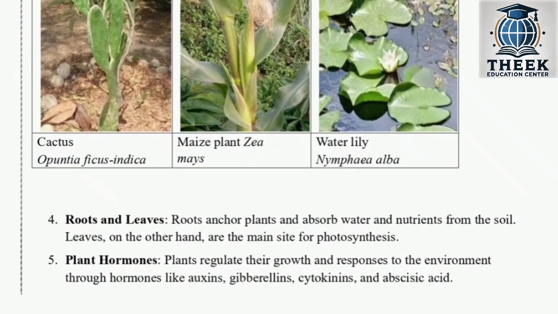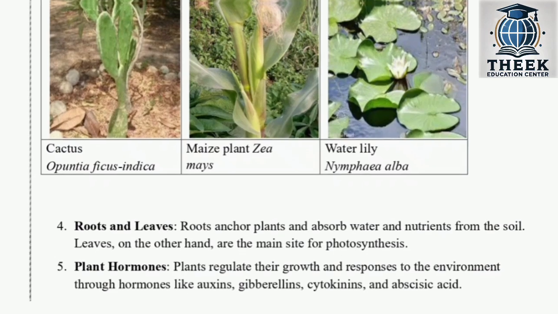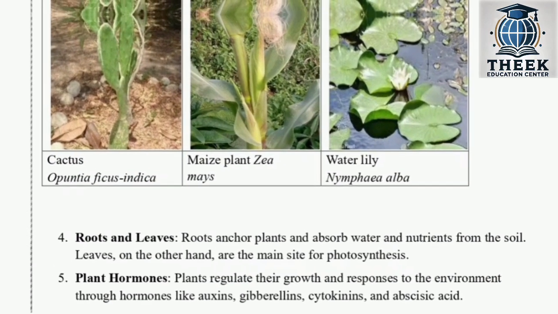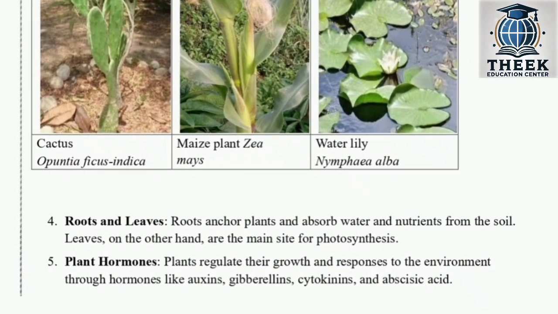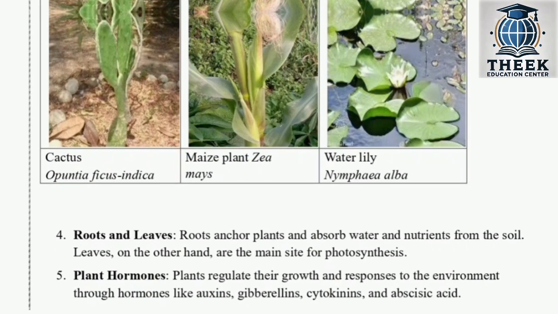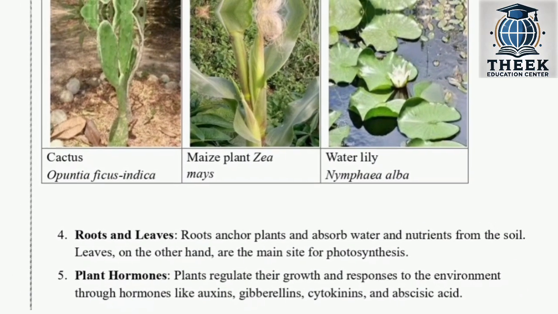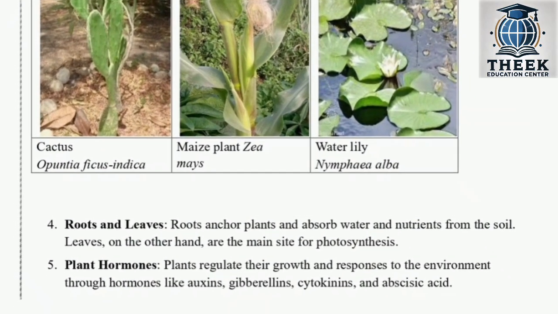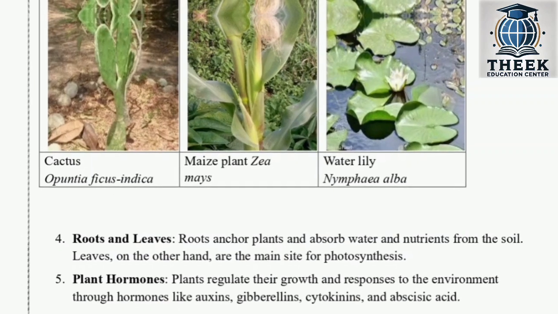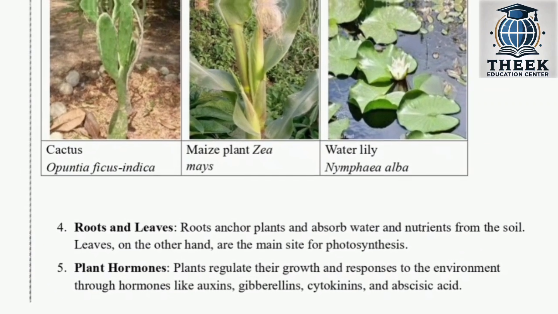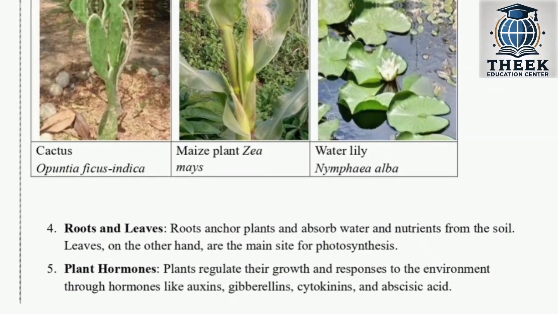So these hormones facilitate growth in plants. Also, these hormones facilitate what we call response. Despite that they are plants, they are living. Therefore, they also respond to the changes in the environment.